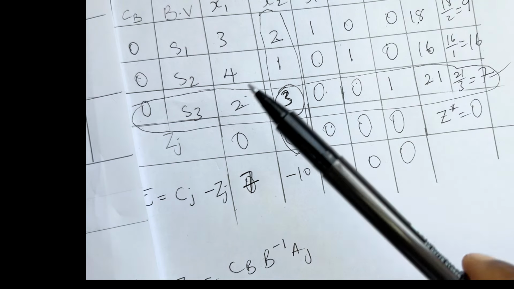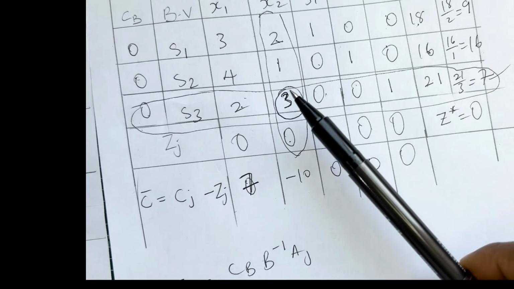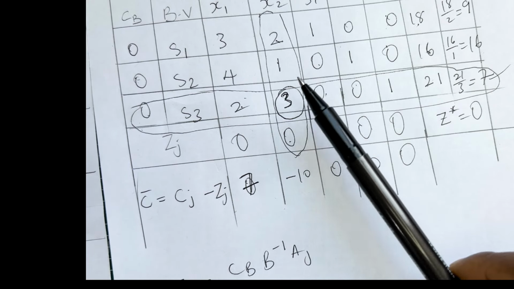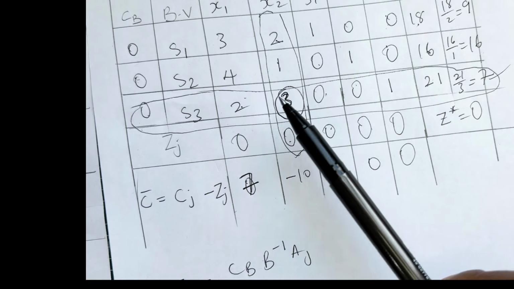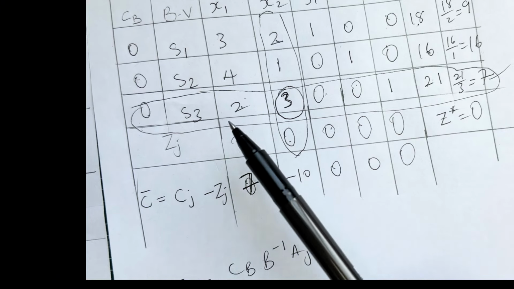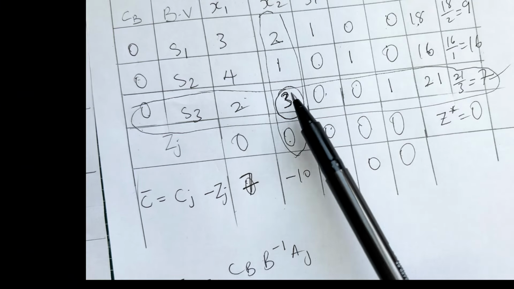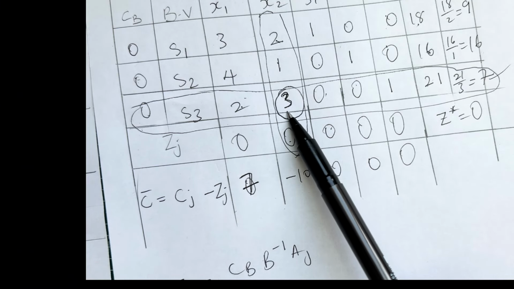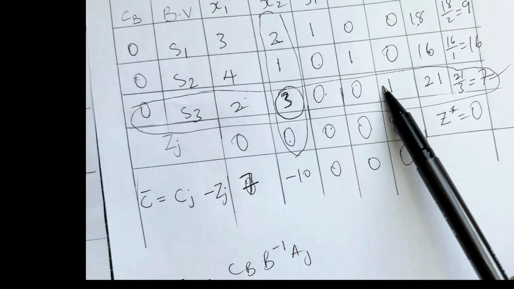Remember here, we have our key element or pivot element to be 3, and the pivot element in a new table must be 1. So for it to be 1, we need to divide it by itself, which is 3 over 3. And the same thing applies to the other values here. So we have 2 over 3, 3 over 3, which will give us 1, 0 over 3, which will give us 0, 0 over 3, which will give us 0, and we have 1 over 3.